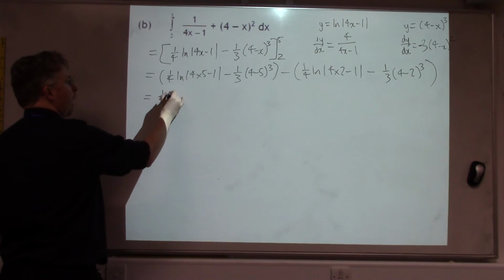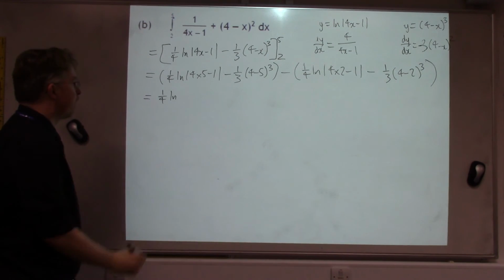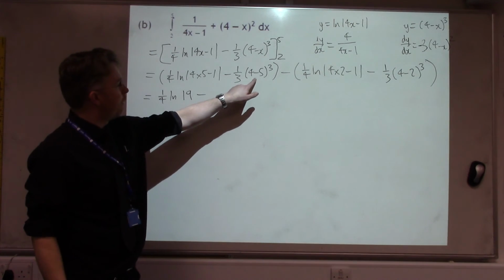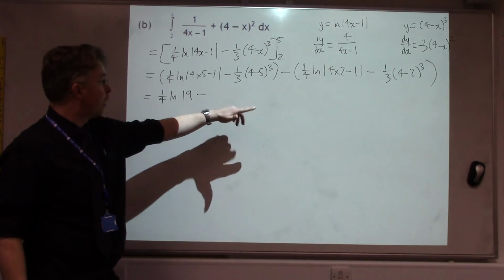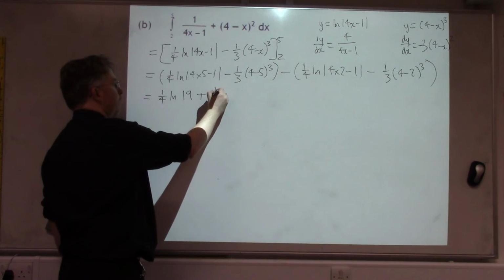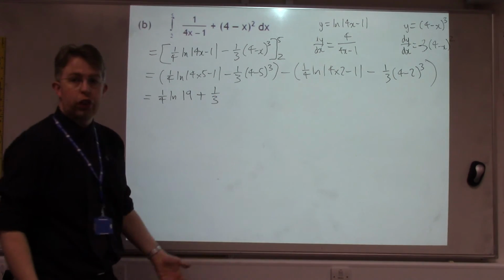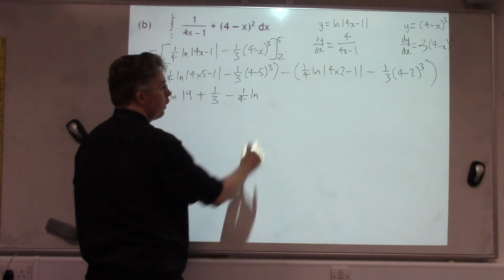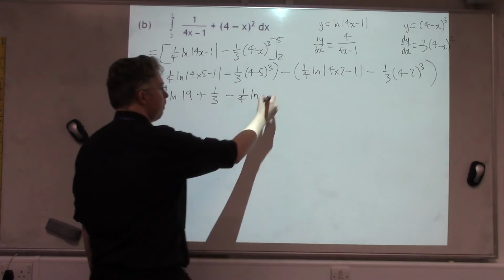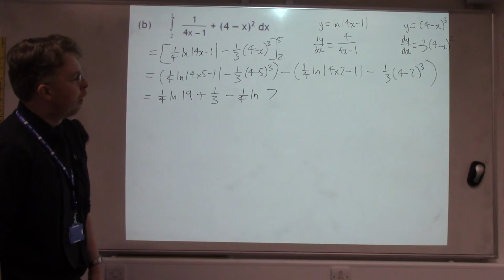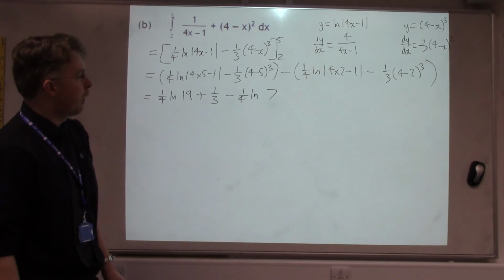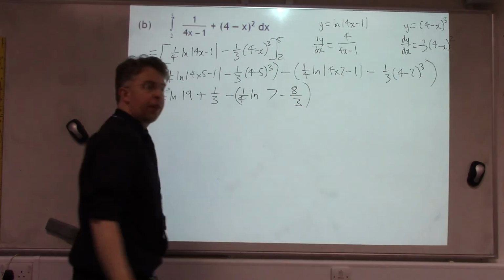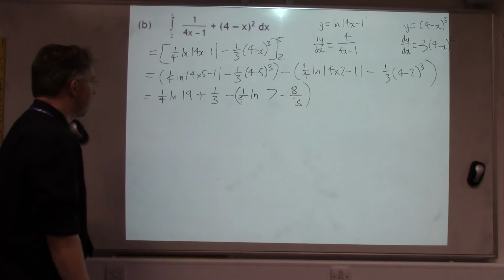So we've got a quarter ln, 4 times 5 is 20, minus 1 is 19. 4 minus 5 is minus 1, minus 1 cubed is minus 1, so minus a third times minus 1, plus a third. Or just use your calculator. Minus a quarter ln, 4 times 2 is 8, minus 1 is 7. 4 minus 2 is 2, 2 cubed is 8. It's minus 8 over 3. Don't forget the brackets around the last two terms.